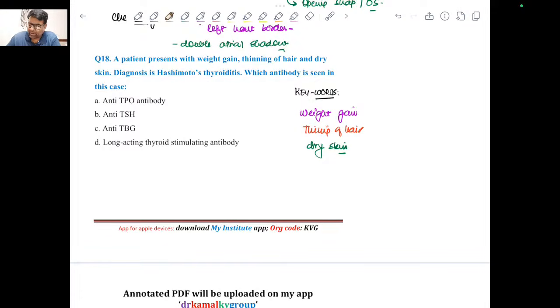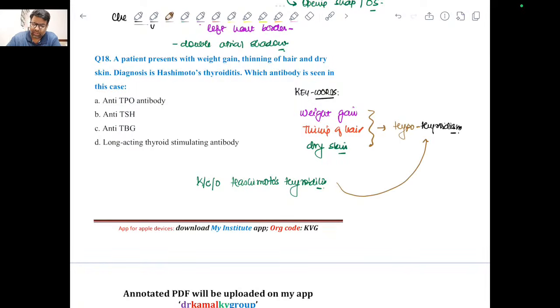Now this all is suggestive of hypothyroidism. What is this? Hypothyroidism. And yes, this is a known case of Hashimoto's thyroiditis. And what happens here?